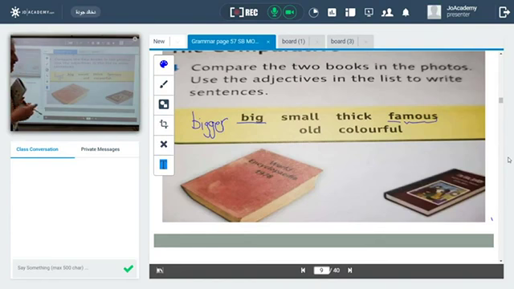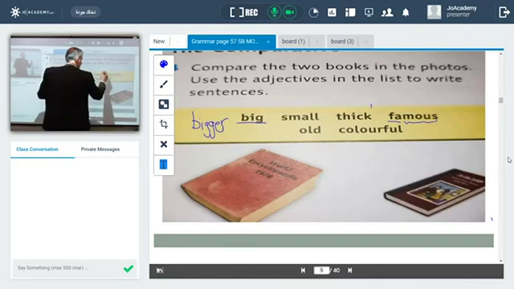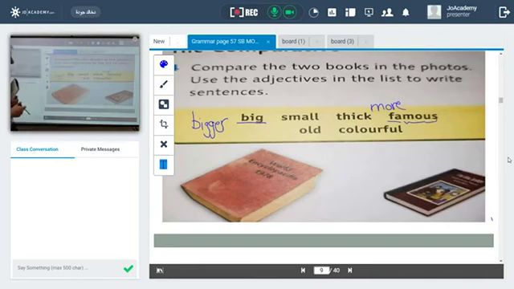So with two syllable adjectives, I add more. The encyclopedia is more famous than the story.